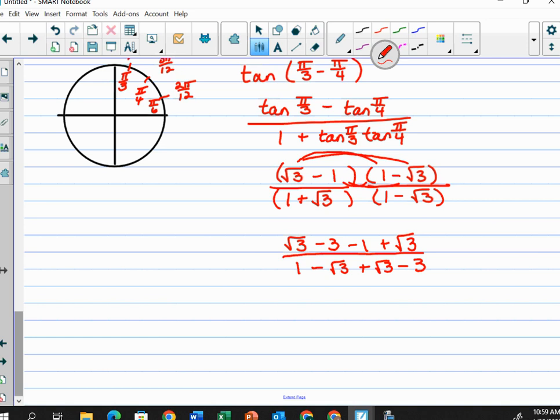Let's stop there. So the denominator will be 1 minus 3.